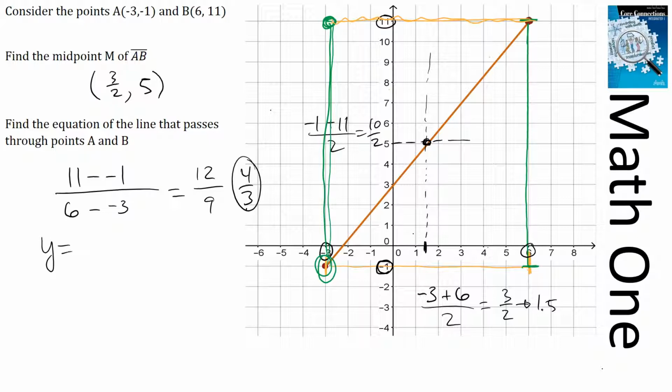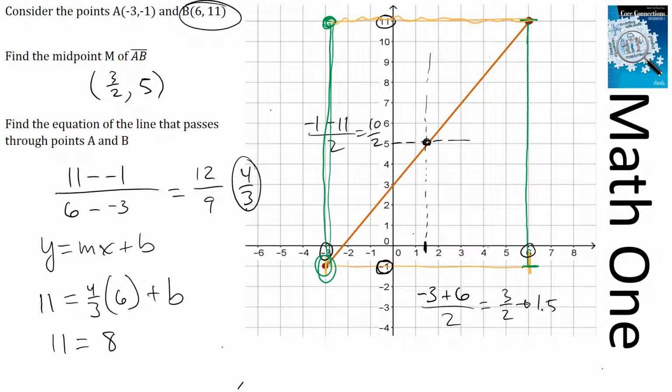I'll start with the general equation of a line in slope-intercept form. And I'm going to go ahead and use point B because they're both positive values. Y at point B is 11, and that's going to equal 4/3 times X at point B, which is 6, and then I'm adding b to that. 4/3 times 6: 6 divided by 3 is 2, and 2 times 4 is 8.